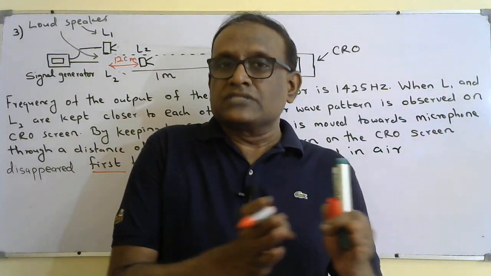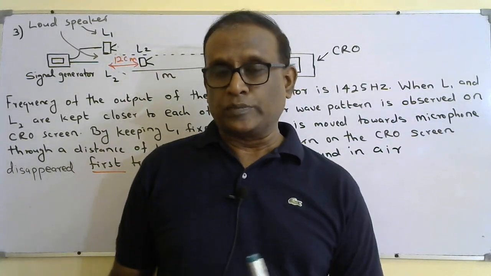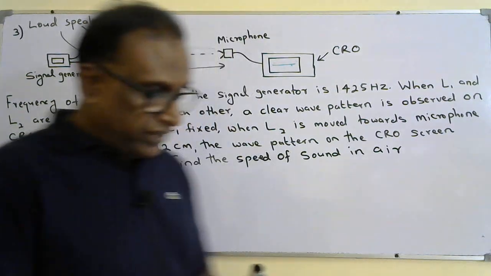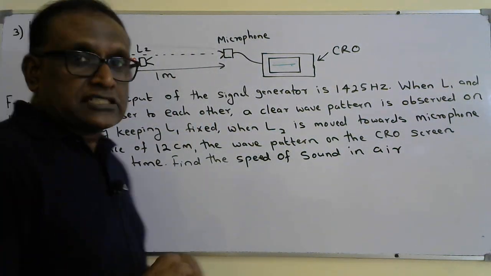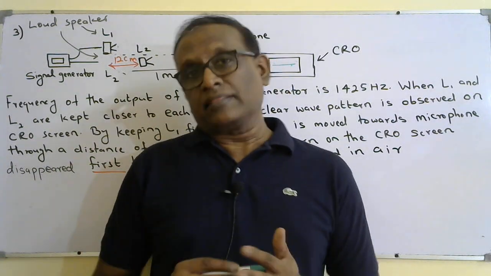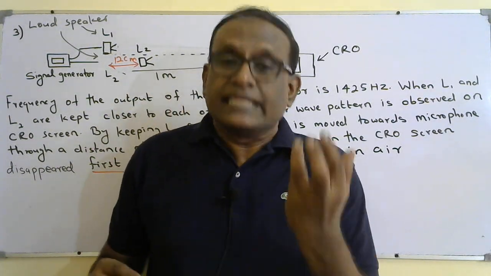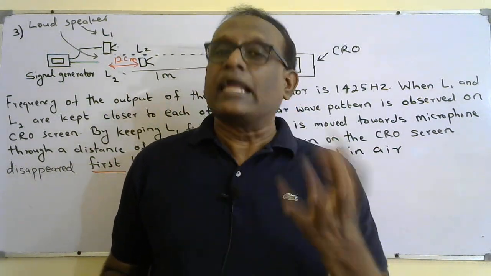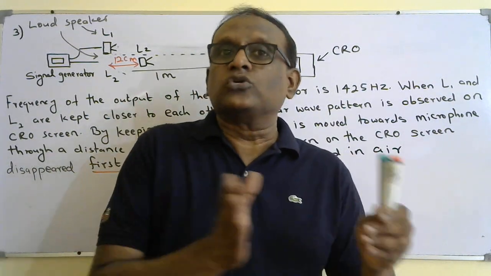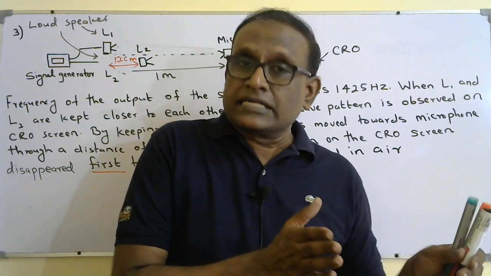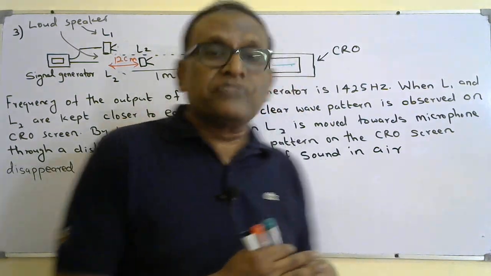The first time it disappeared means there is destructive superposition, whereas earlier it was constructive superposition. You should know that phase difference equals 2 pi over lambda times path difference. So the smallest path difference that could give destructive superposition is lambda by 2.